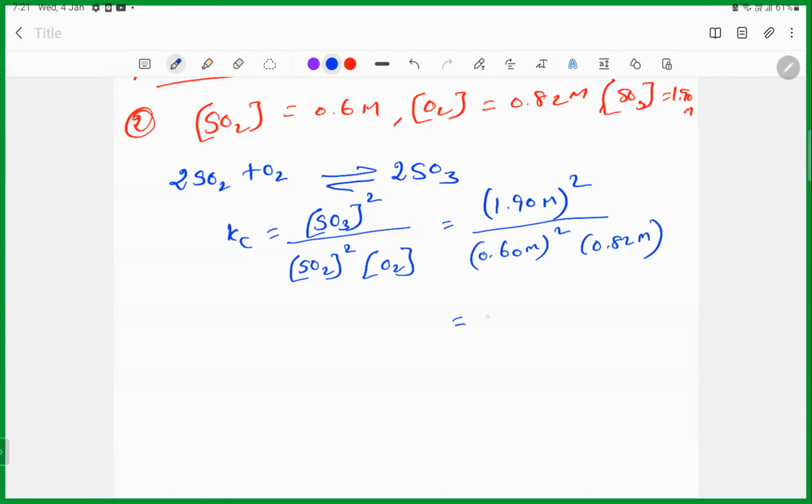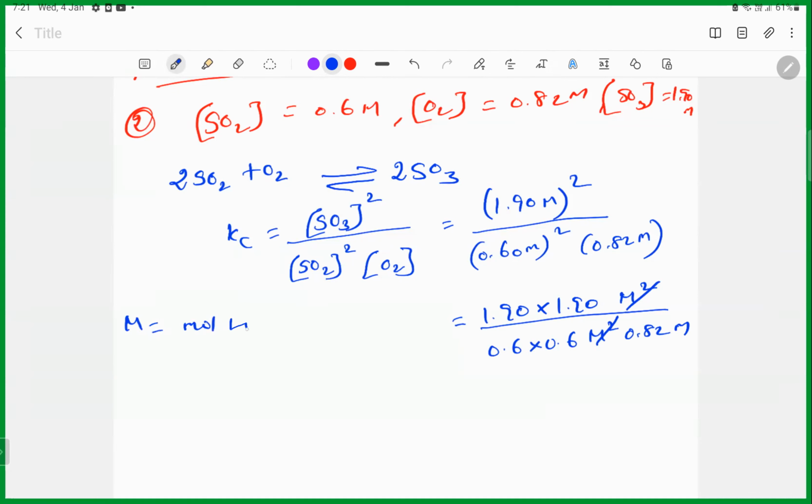So 1.90 into 1.90 mole square divided by 0.6 into 0.6 mole square into 0.82 moles. So capital M means moles per liter. So 1.9, 1.9 cancel out and tell me.